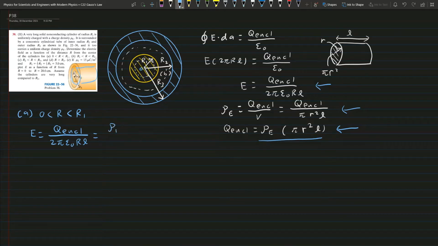We get rho E pi r squared L over 2 pi epsilon naught RL.